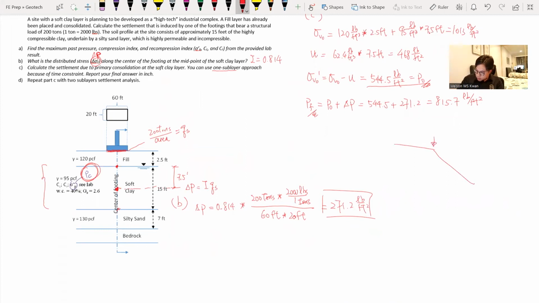This is our P sub C equal to 600 PSF, and our initial stress is 544.5, which is less than P sub C. And our final stress is greater than P sub C, at 815.7.